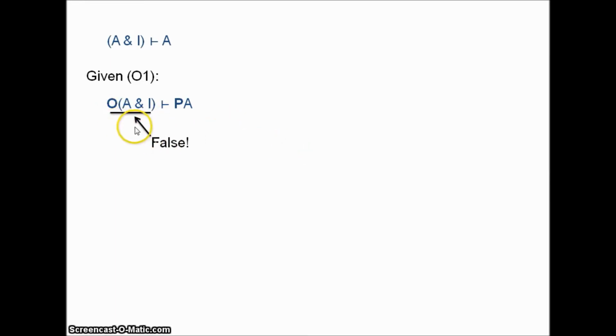It's false that it is obligatory that Frank is being assaulted and that the police intervene in the assault. Here, the premise is true. It's true, Frank is being assaulted and it is obligatory that the police intervene in the assault, but this is obviously not an instance of O1, since the obligation operator only attaches to one conjunct. It doesn't range over the whole conjunction.